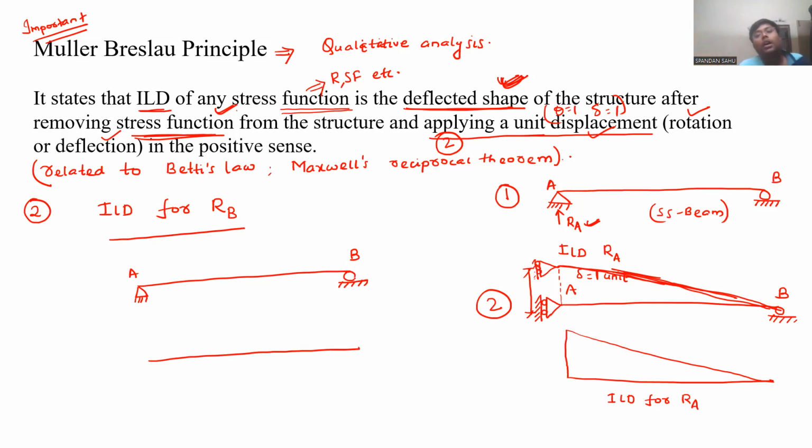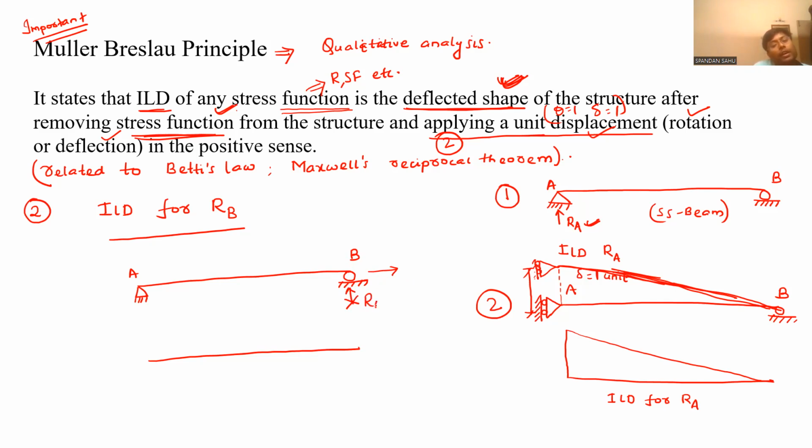Roller. How many constraints does a roller give? First, tell me that. One. In which direction? In the vertical direction. Any other constraint this roller provides? No, sir. It allows movement. It allows this horizontal displacement. The only thing it does not allow is this.